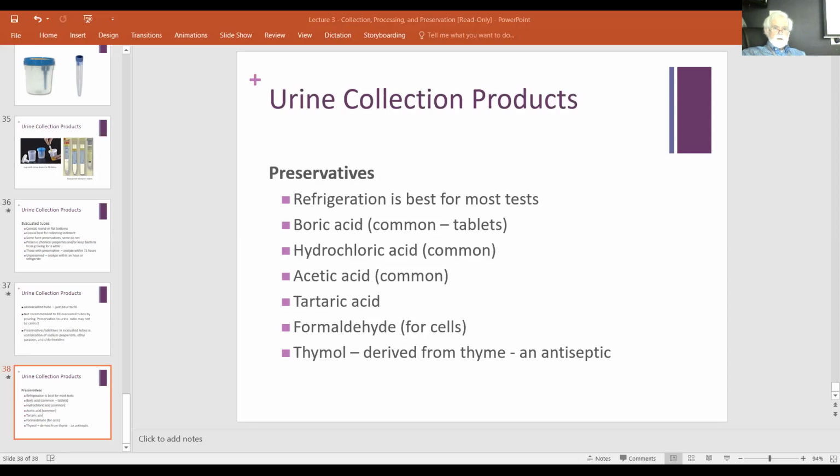Nitrates are bacterial in origin, indicating a UTI. We don't like them because we see them in gram-negative bacilli, which are particularly nasty bacteria. And again, we can confirm that with a microscopic exam. Bacilli are the rod-shaped bacteria.